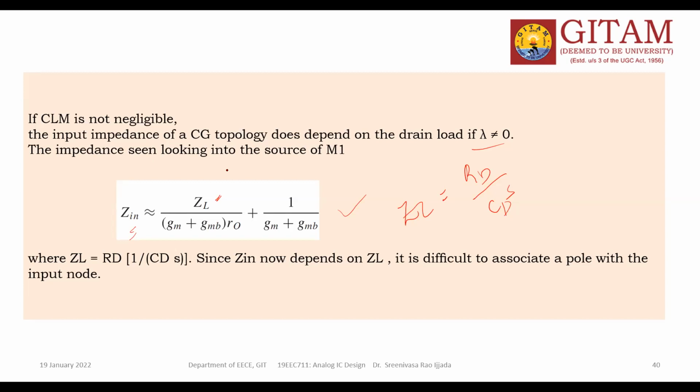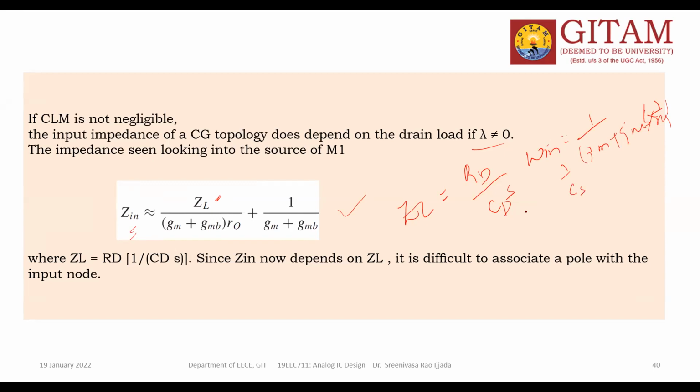Before that, we calculate the input pole. Omega in is equal to 1 by (gm plus gmb) in parallel with 1 by RS, multiplied with 1 by CS. This is the input pole for the previous circuit.